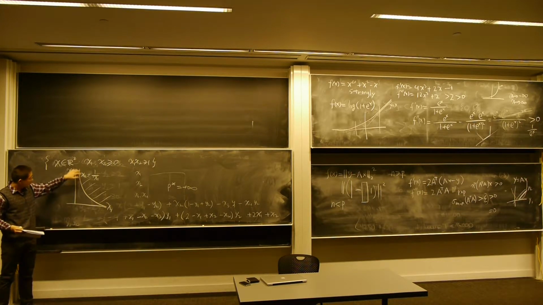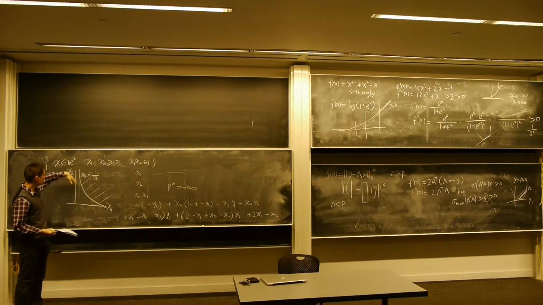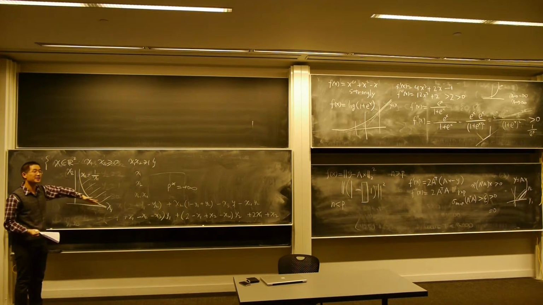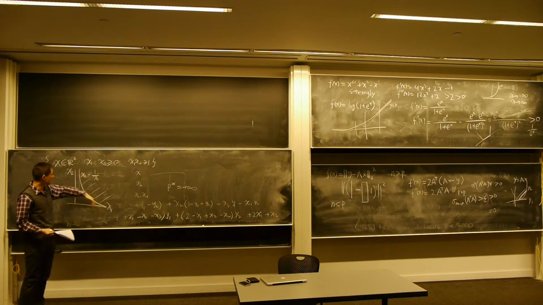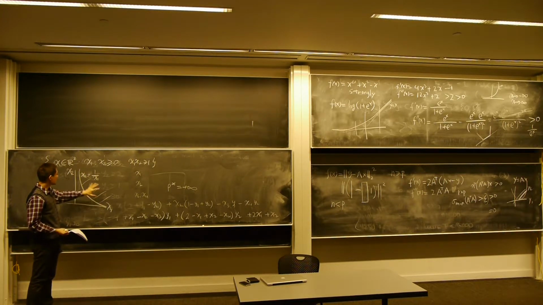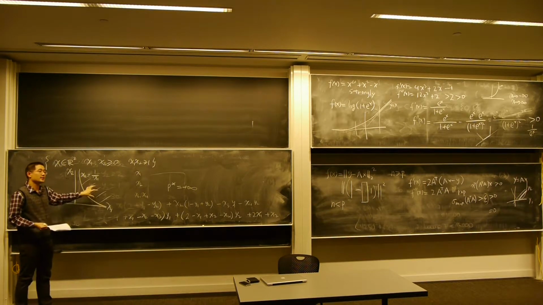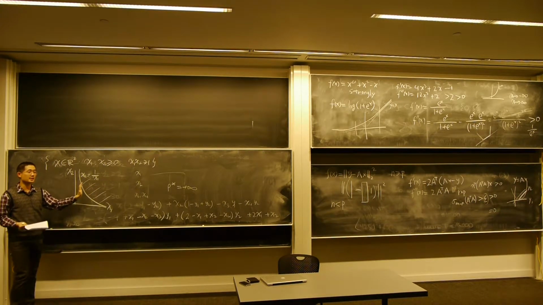That could indeed be a proof, because 1 over x is a convex function. You can see from the shape that the curvature is always this way. So this is a convex function, and the epigraph of a convex function is a convex set. That's one acceptable proof.